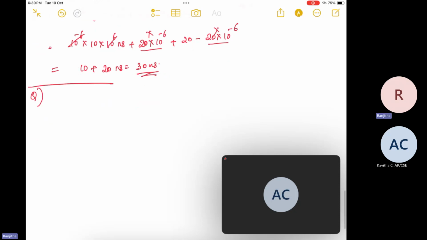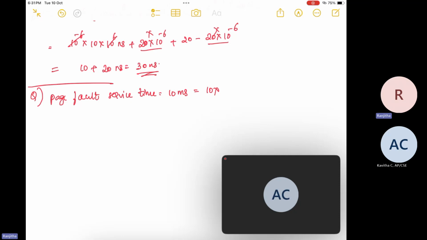Another question is again given page fault service time, 10 millisecond. We'll see in which unit the other is given.